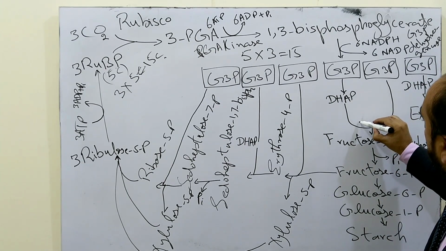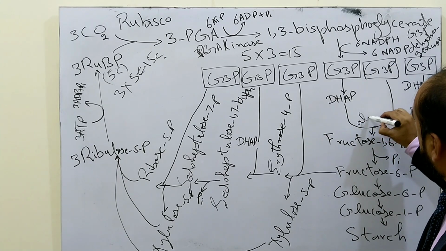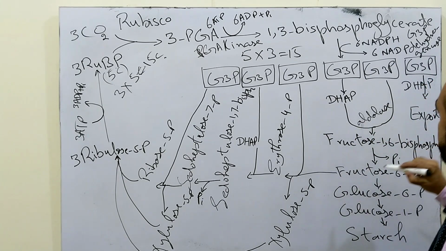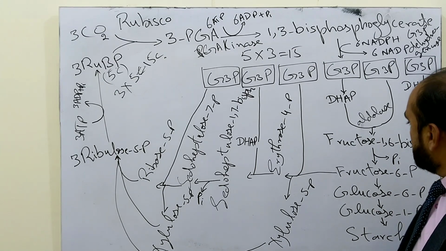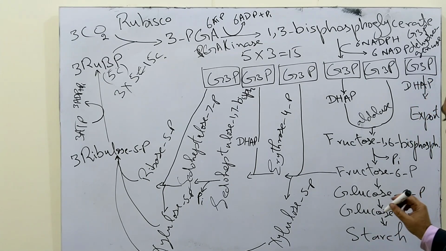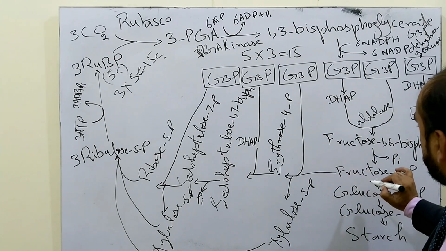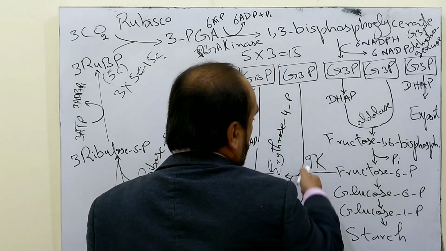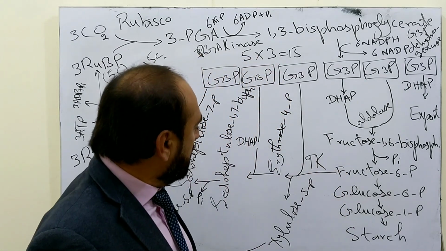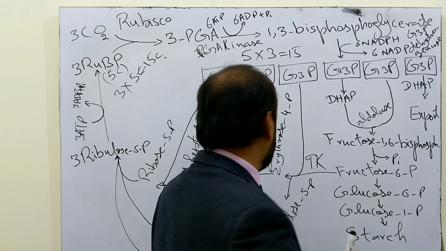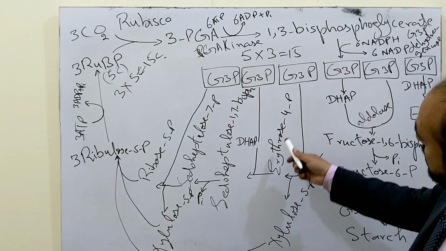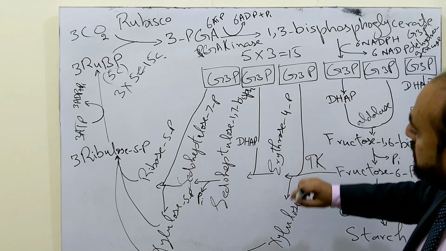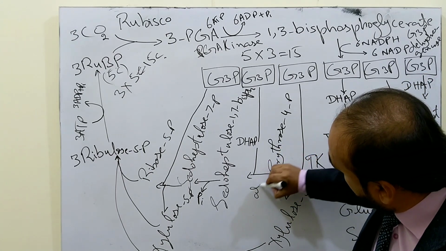Here the enzyme aldolase is involved for reversible condensation of two sugars, and here the transketolase enzyme is involved. I indicate here TK, transketolase, and again here, when erythrose phosphate combines with DHAP, aldolase is involved at this step.